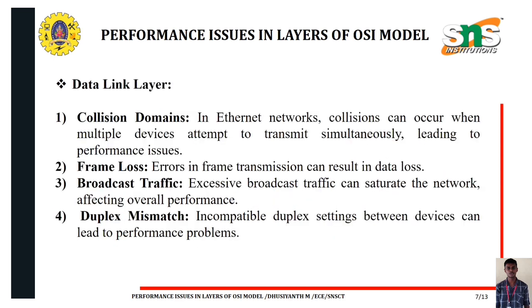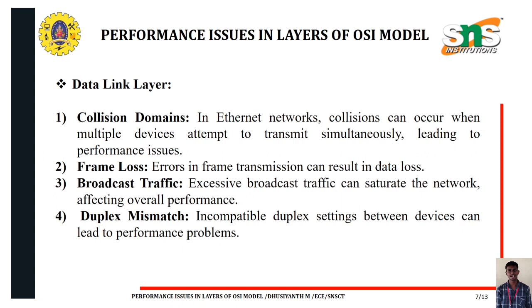And to the next layer, that is the data link layer. The factors that affect the performance in this layer are collision domains, frame loss, broadcast traffic, and duplex mismatch. First of all, collision domains. In Ethernet networks, collisions can occur when multiple devices attempt to transmit simultaneously, leading to performance issues.